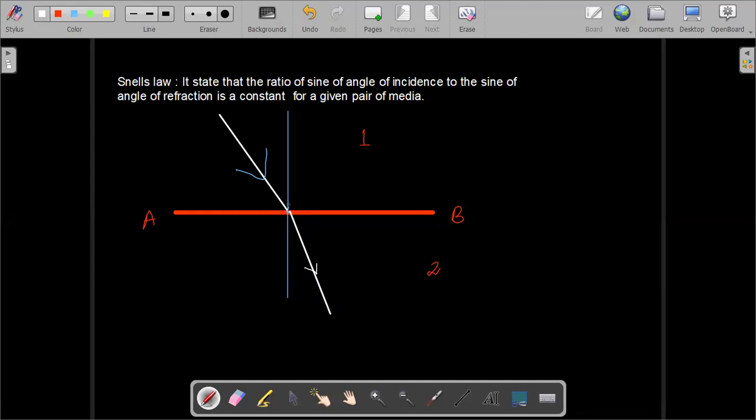The ray of light should have traveled straight, but we observe that it has bent by a small angle. Here this is our angle of incidence, and the angle between the normal and the refracted ray is the angle of refraction. The angle of incidence is the angle between the incident ray and the normal. The angle of refraction is the angle between the refracted ray and the normal.